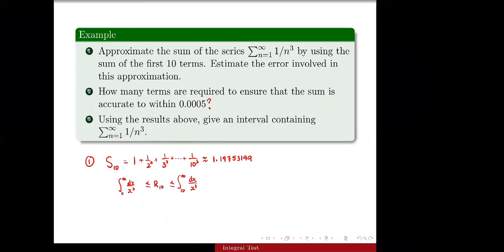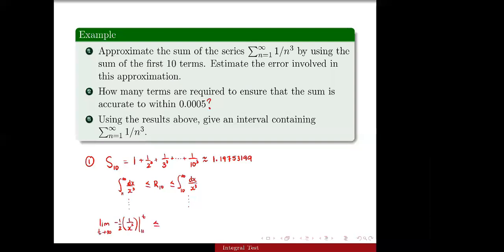So if we evaluate this, you do the limit process here, as well as in this part here. You will end up with the limit as t approaches plus infinity of negative 1 over 2, 1 over x squared, evaluated from 11 up to t.